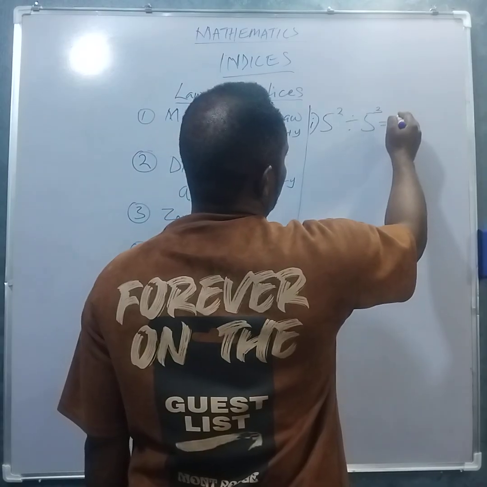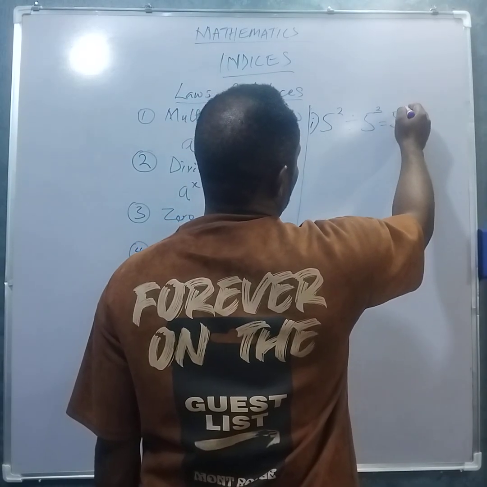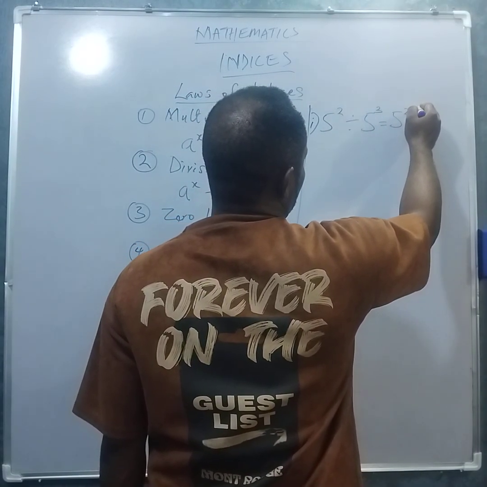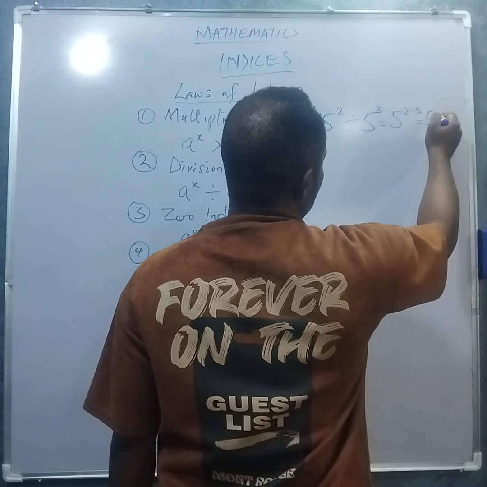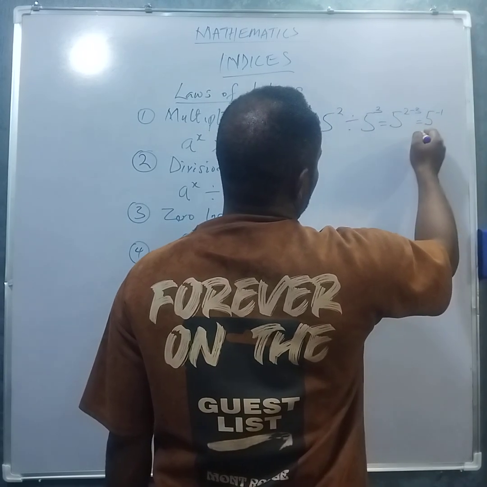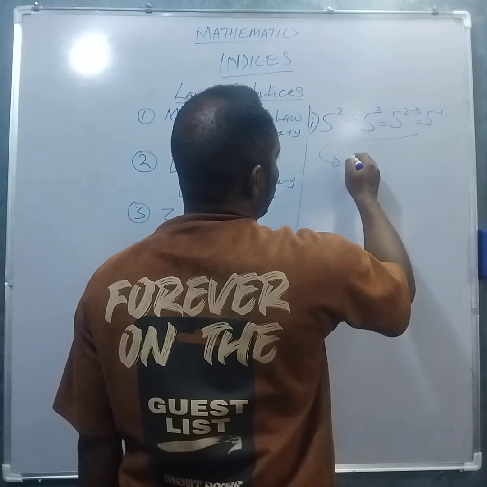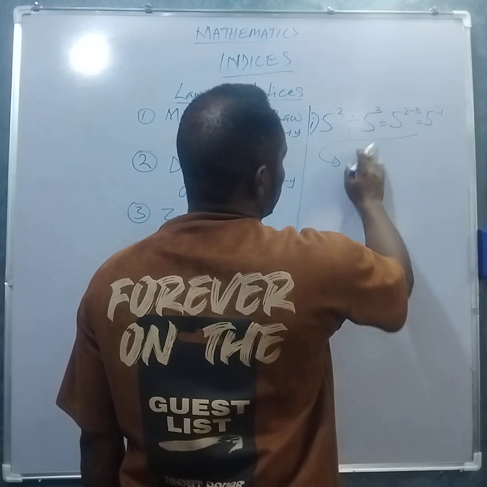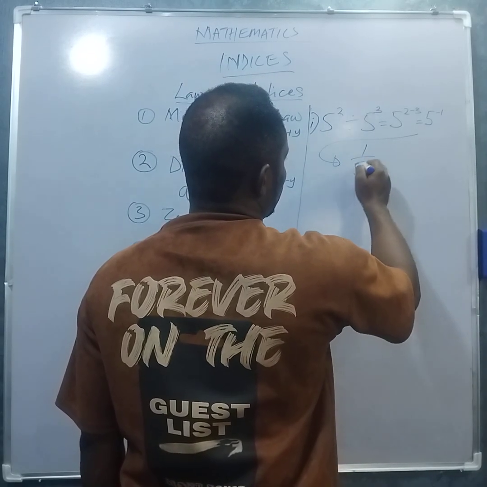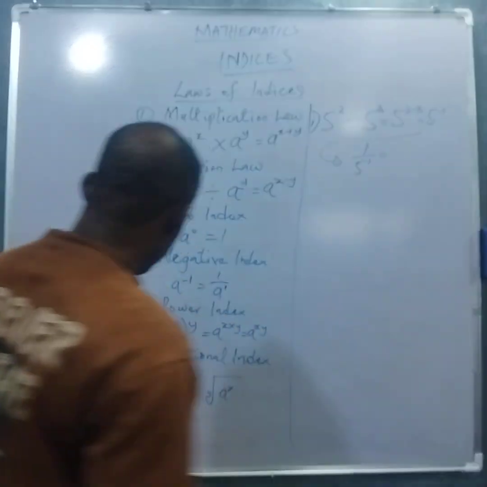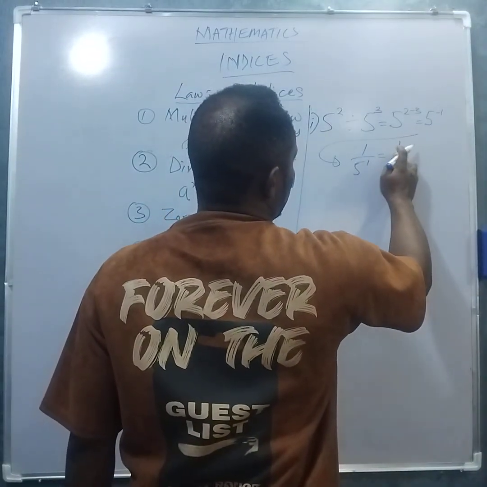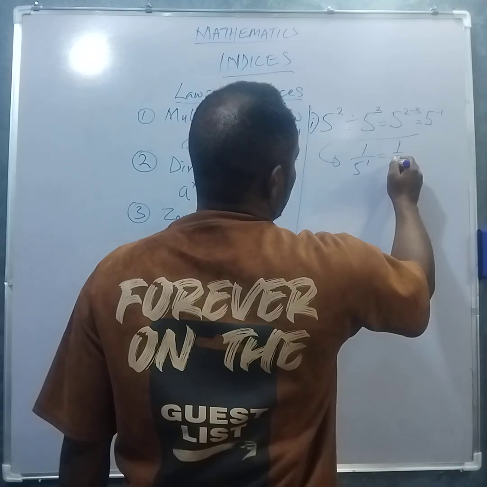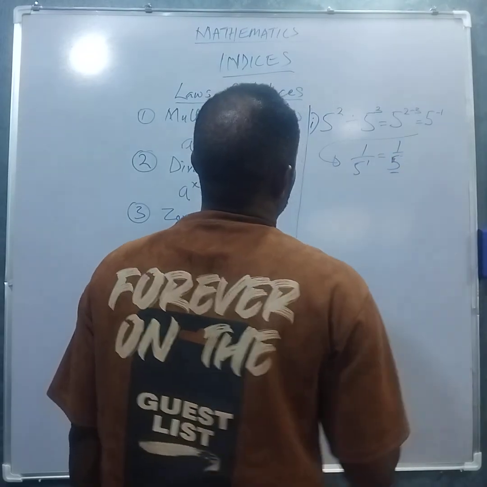This will give us 5 raised to power 2 minus 3, which is equal to 5 raised to power minus 1. This is the same thing as 1 over 5 raised to power 1, when you apply negative index, which is 1 over 5. This is the answer.